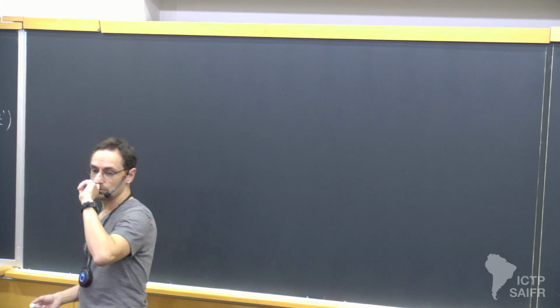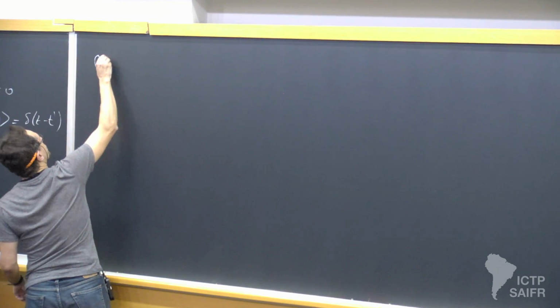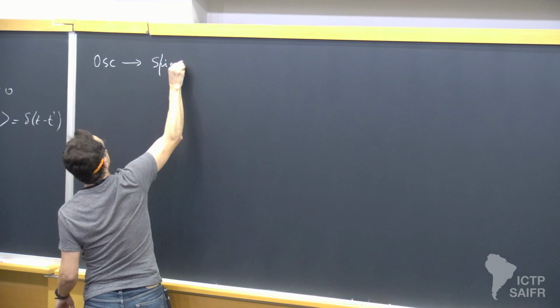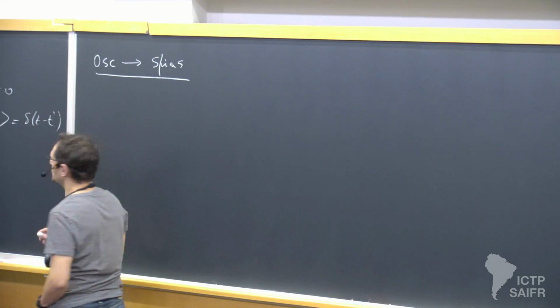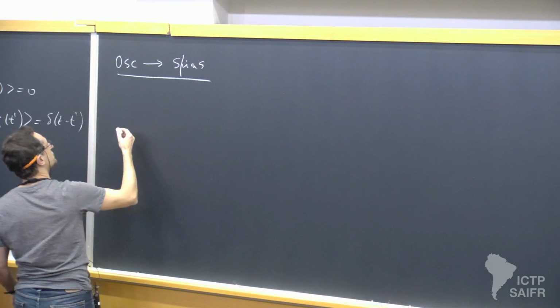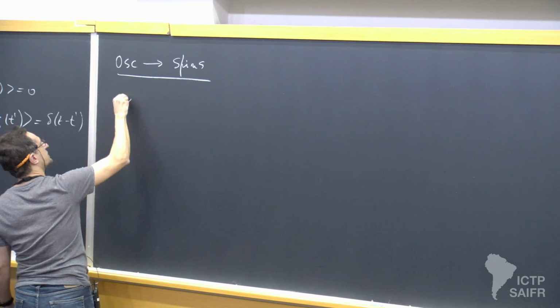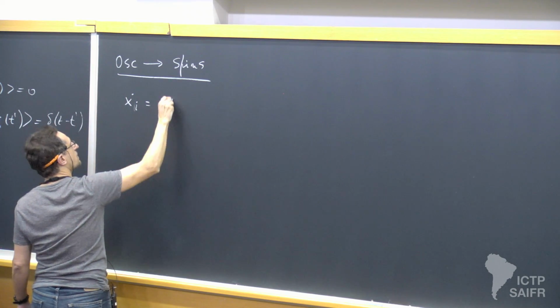Now, the problem I wanted to discuss with you was going from oscillators to spins, which I think I mentioned during the first class. I don't know if you remember. We had, let's say, that the evolution of my particles in space is this one.